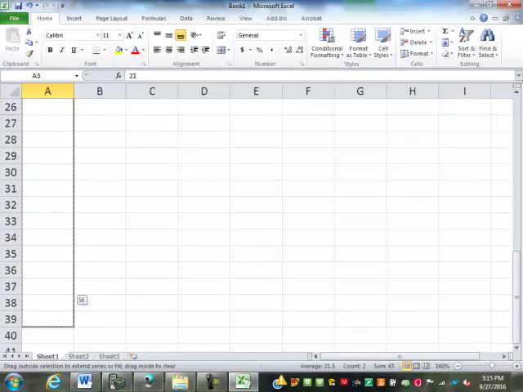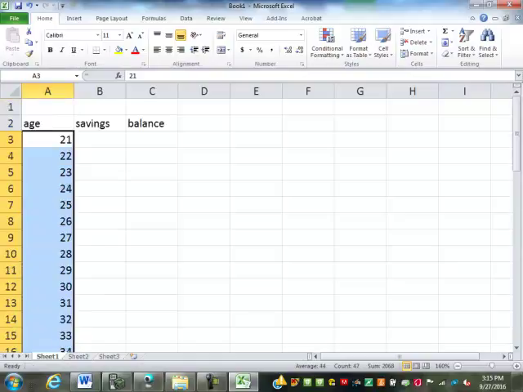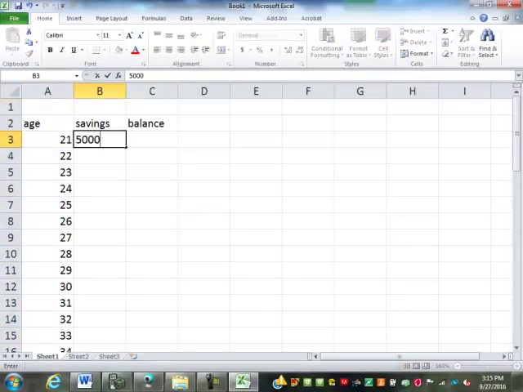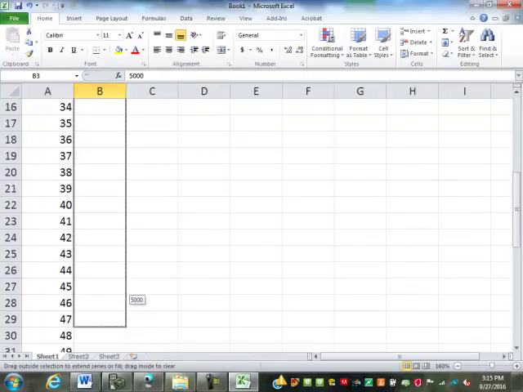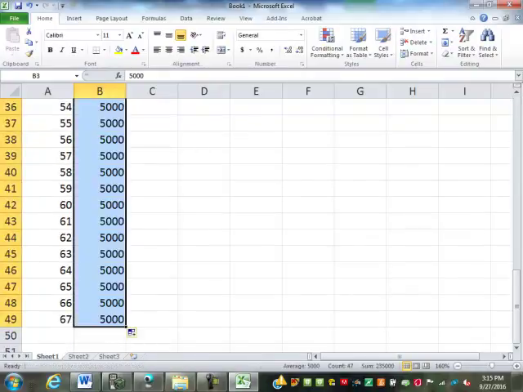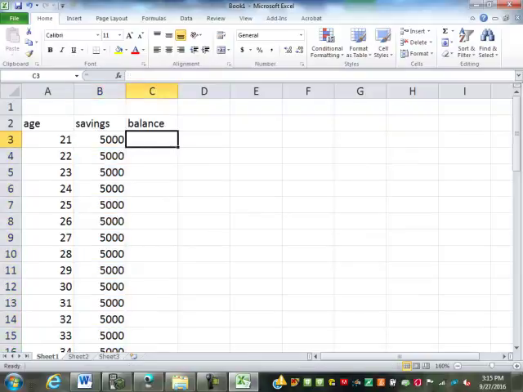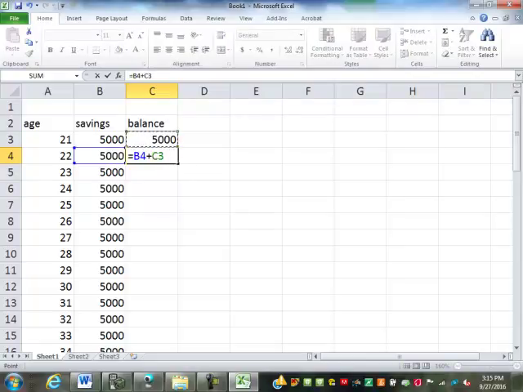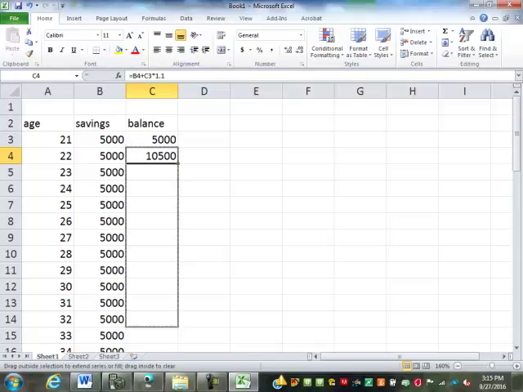We're going to go up to 67 again. You put away $5,000 a year. We're sticking to the 10%. You started at 21. Put away that $5,000 a year every year till you're 67.